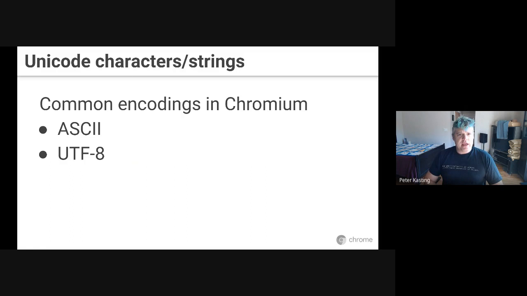Another common encoding in Chromium, UTF-8. So UTF-8 is an encoding that uses 8-bit code units. That means that the code unit to octet conversion is just 1-to-1. But the code point to code unit conversion is kind of interesting. It's a variable length encoding setup. So characters commonly fit in 1 or 2 units, but they might require up to 4.